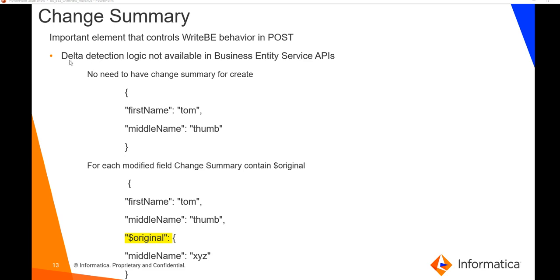Another important thing: delta detection logic is not available in business entity service APIs. If you expect similar behavior to what we have in batch, where I loaded data the first time, we do not have a similar thing available for the API calls.